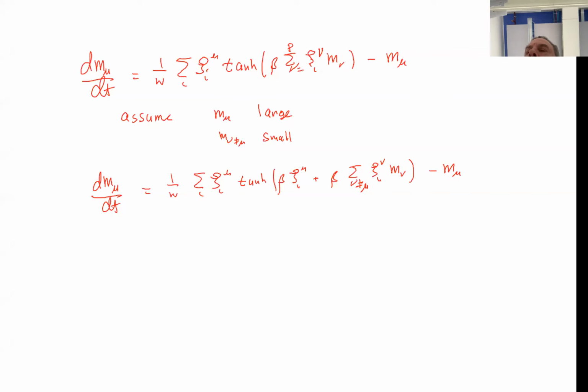Okay, and now we can use the usual trick of taking ξ_i^μ and bringing it inside the tanh, right? Because the tanh is an odd function, and this is equal to 1 over N, the sum on i, tanh of β, sorry, ξ_i^μ m_μ.